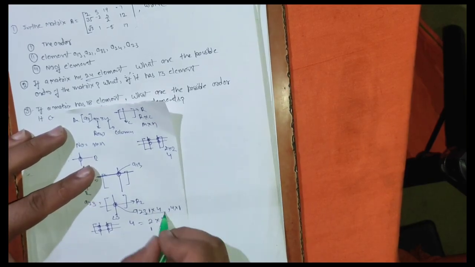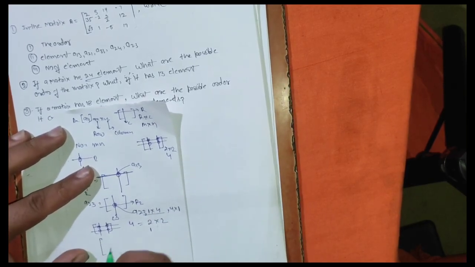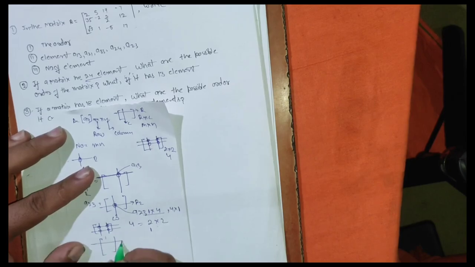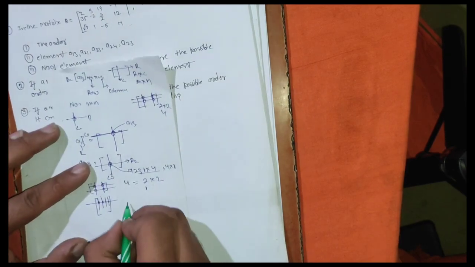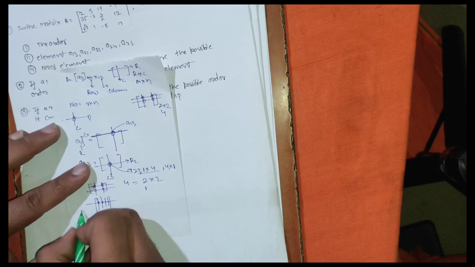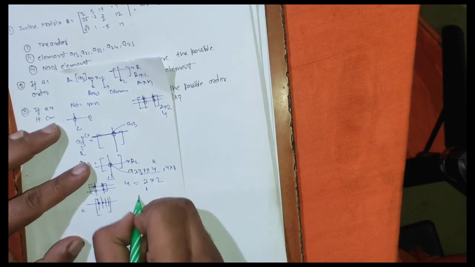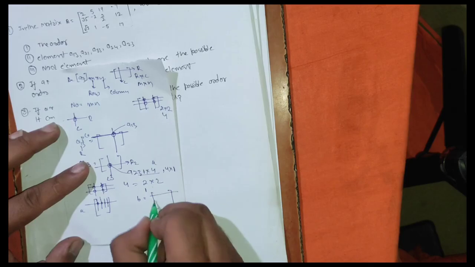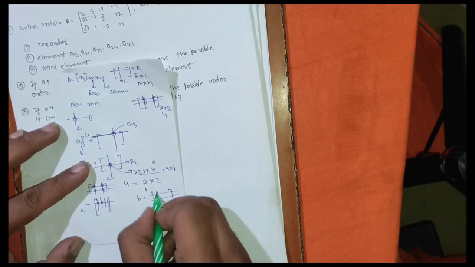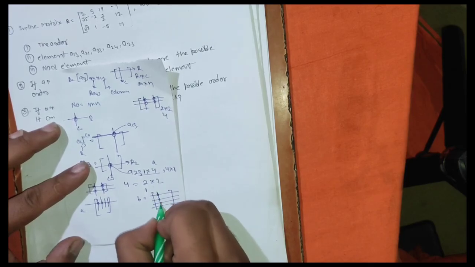For 1 by 4, we say that we have 1 row but 4 columns, so 1 intersect, 2 intersect, 3 intersect and 4 intersect. Similarly for 4 by 1, I have 4 rows and only 1 column.